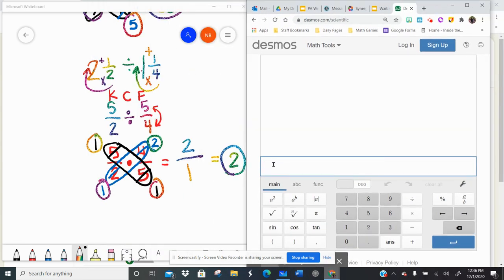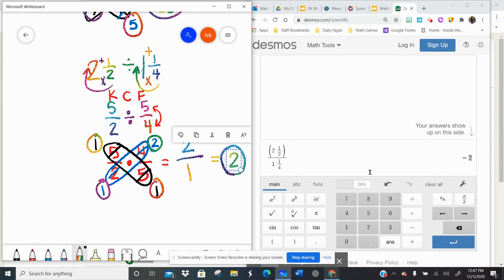So I like to start with the parentheses, 2 space 1/2. It'll write it as a fraction for me. Remember, I got to take my little cursor to the outside and then close the parentheses. Divided by 1 space 1/4. And look there, my answer is 2. My answer is 2. So I know that I'm correct.